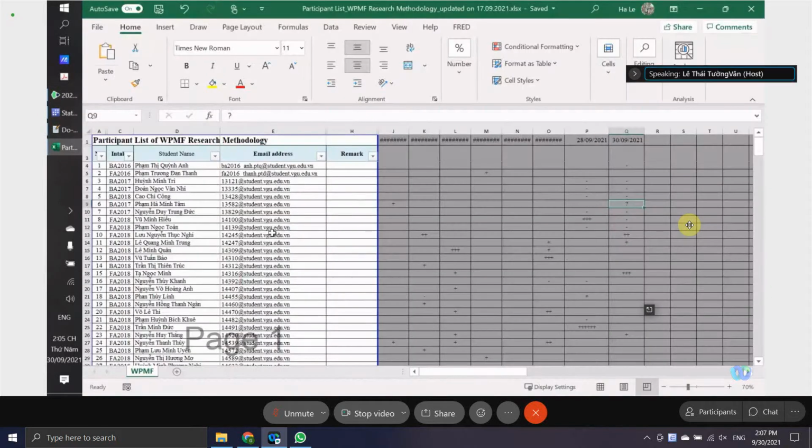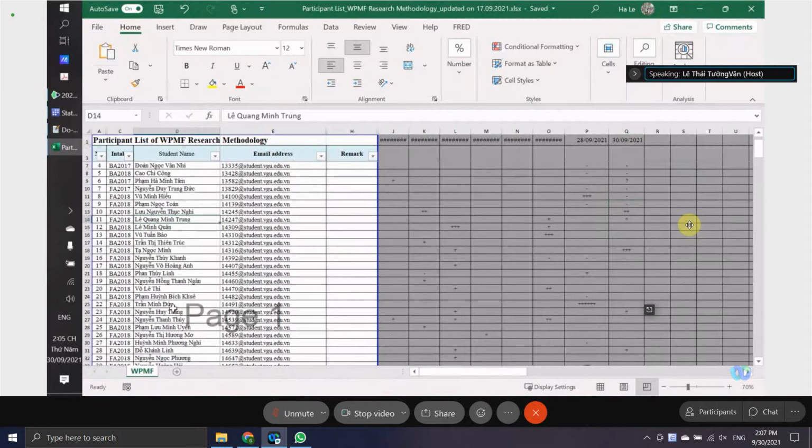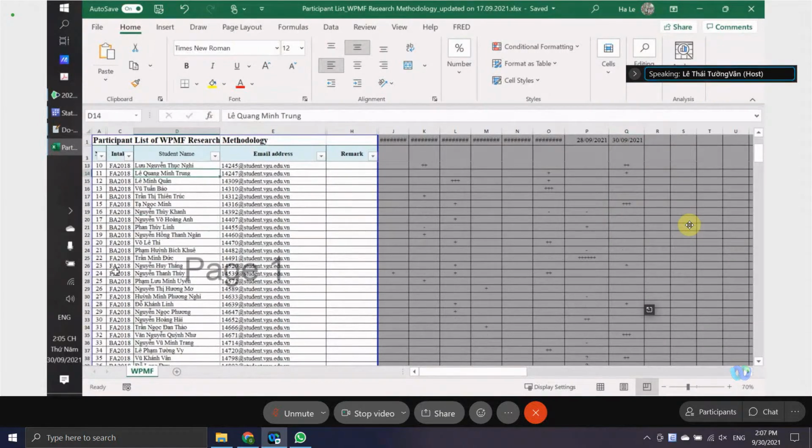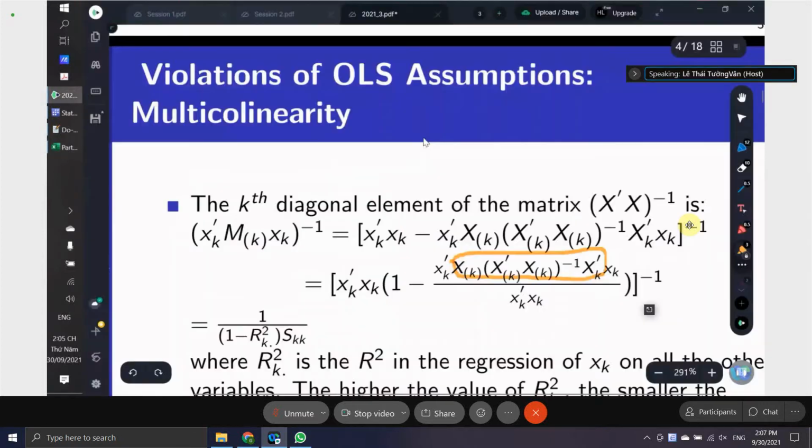Nguyễn Huy Thắng, see? Now I already made it. Minh Tâm, could you please name this matrix, and then I am eager to give you some pluses.